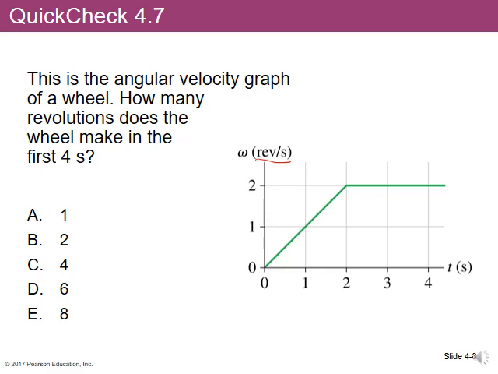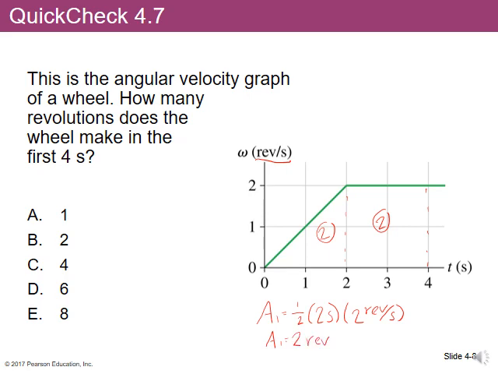Well, we have two areas. All right, we have area 1 and we have area 2. So we need to find the area of each of those and add them together to get the total. What is the area of this first part? It's a triangle. So it's 1/2, 2 seconds, times 2 revolutions per second, which is 2 revolutions.